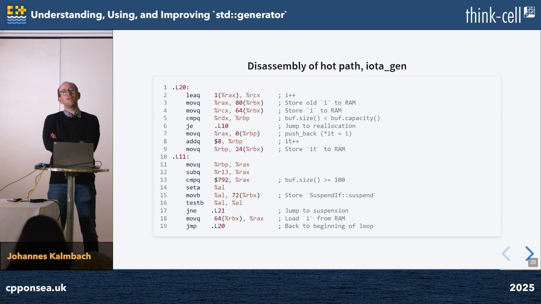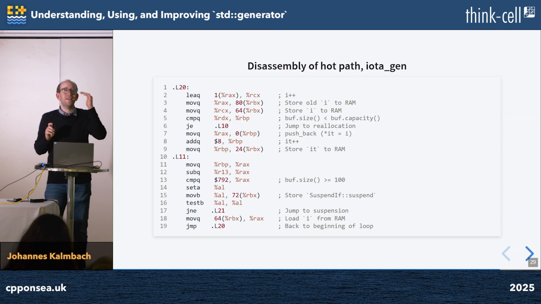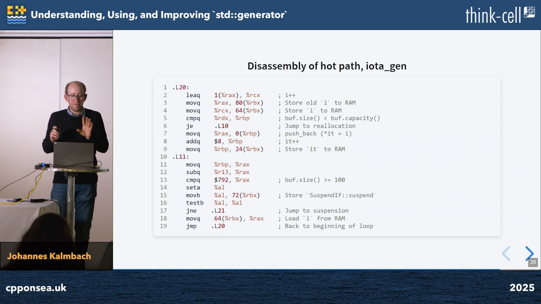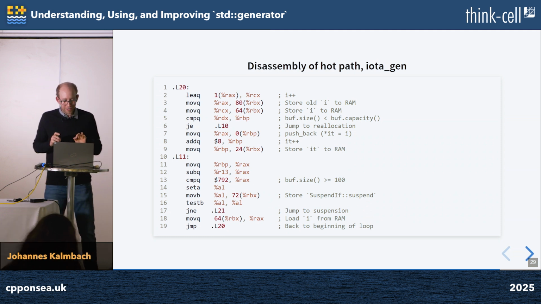First, I have to say this is not the disassembly of the Fibonacci view, but of an iota view that just increments the numbers, 1, 2, 3, 4, 5, 6, 7, so that the assembly becomes readable. This is basically the loop inside the generator that does the vector filling until it is full.